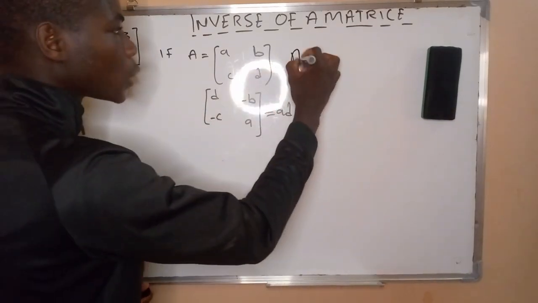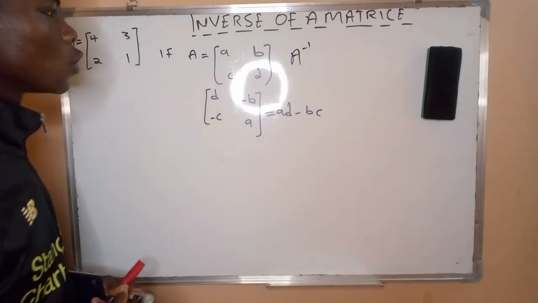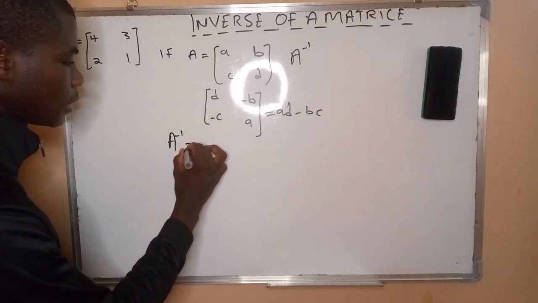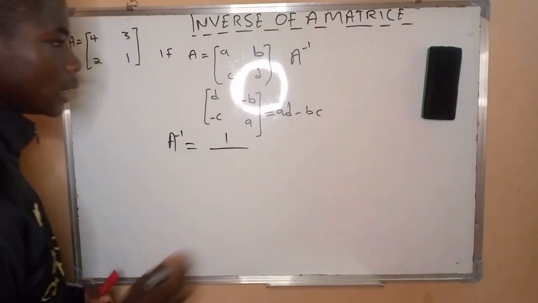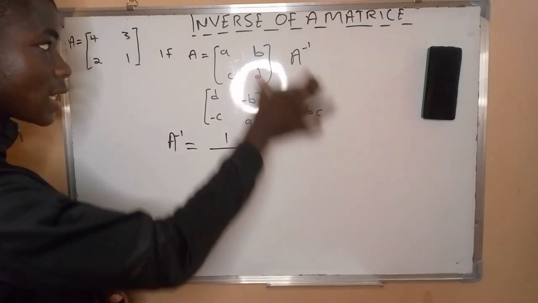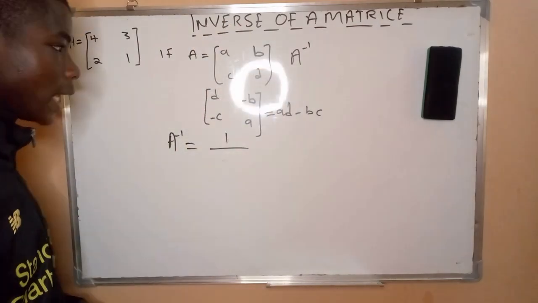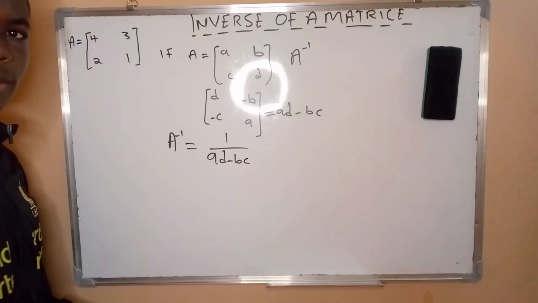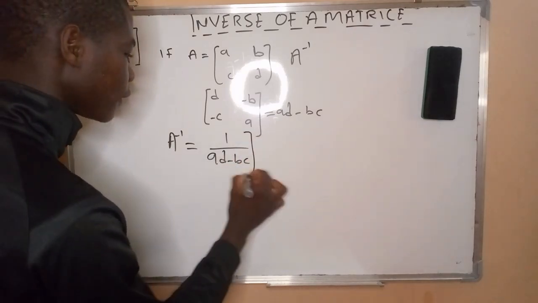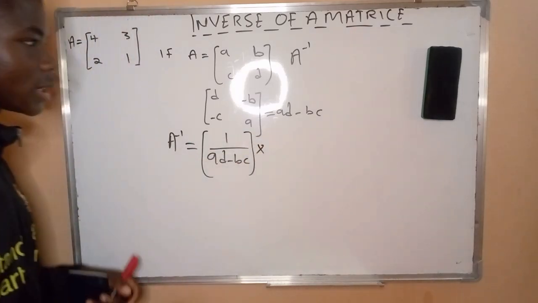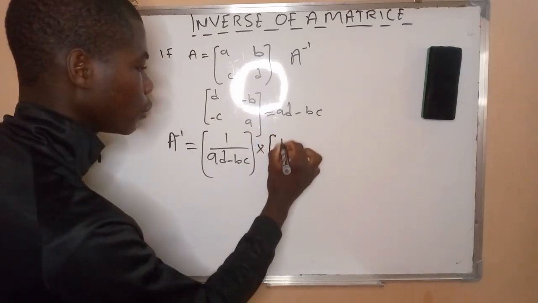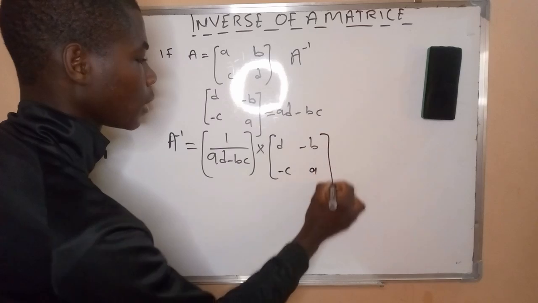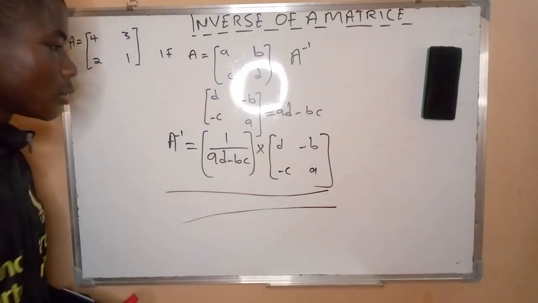But we are looking for A inverse. So to find A inverse, we say it is 1 over the determinant, 1 over ad minus bc, multiplied by the matrix where we swapped a and d. So therefore, d, minus b, minus c, and a.